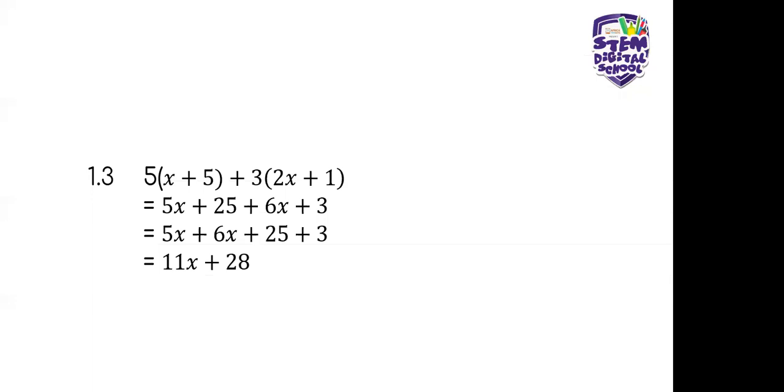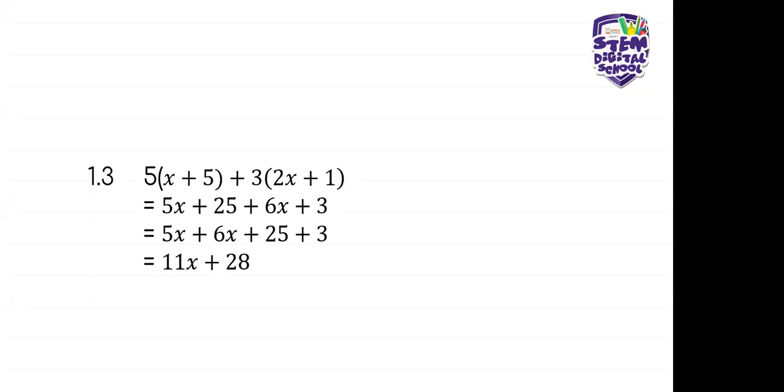Right. 5 open bracket x plus 5 plus 3 open bracket 2x plus 1. Again, what you need there is just to break the bracket. And the only way of breaking the bracket is by multiplying in this case. So 5 times x, you can see the first step there, you have 5x. Thank you, Lesedi.